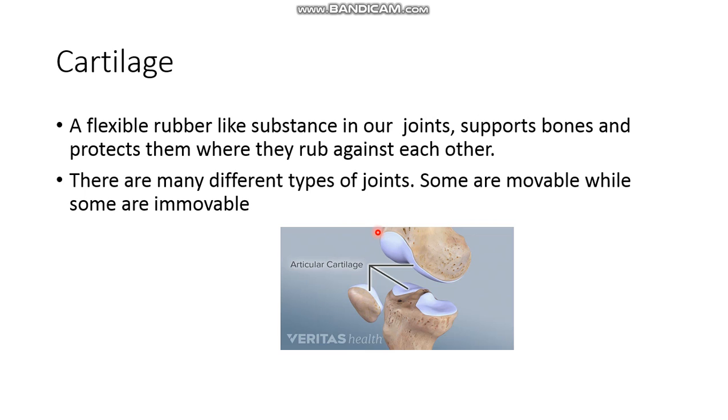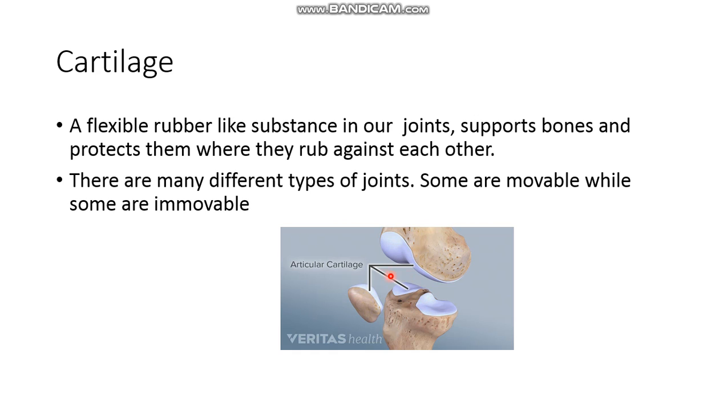Next, cartilage. A flexible rubber-like substance in our joints supports the bones and protects them where they rub against each other.